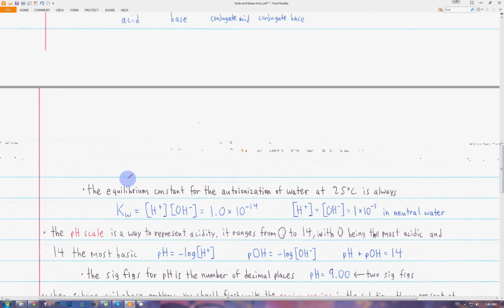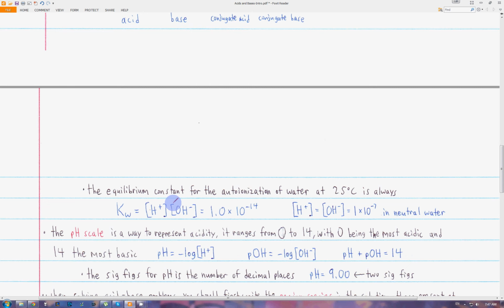And if we write the equilibrium expression for this autoionization of water, it'll be the concentration of H+, because we write H+ instead of hydronium most of the time, times the concentration of hydroxide. Since on the left it was pure liquid, we don't include it in the equilibrium expression.